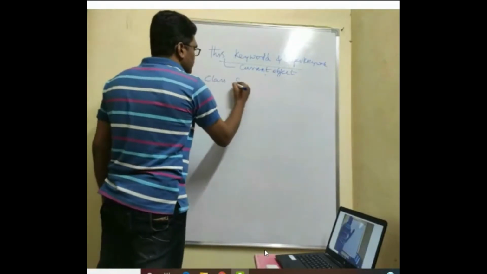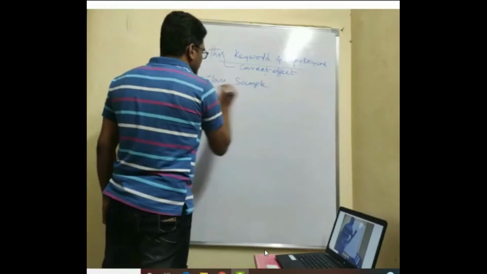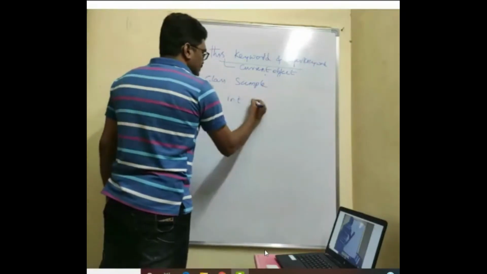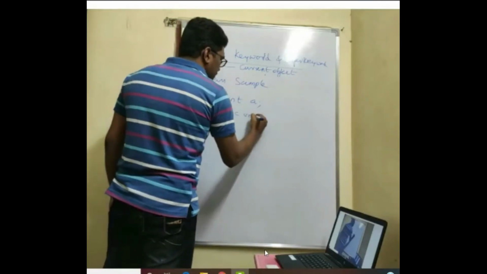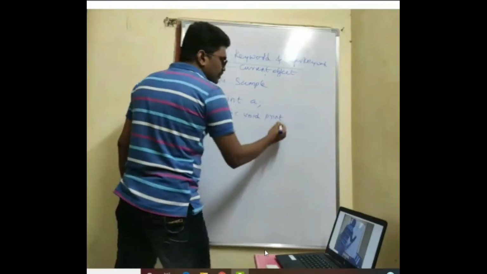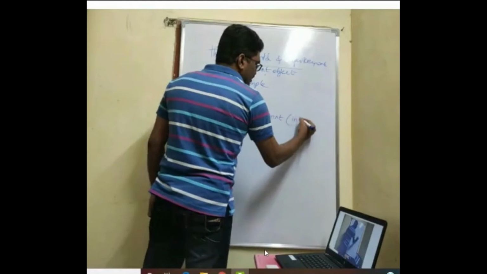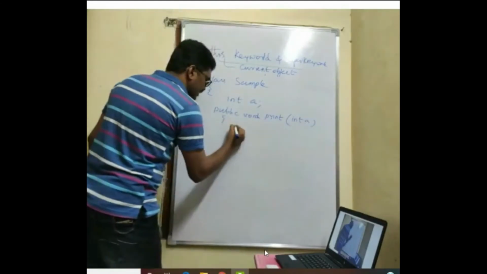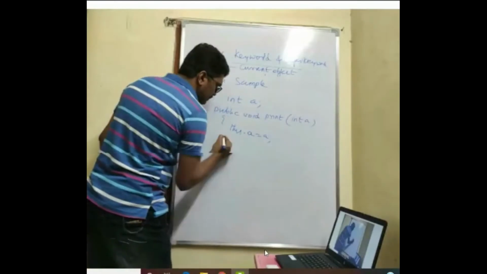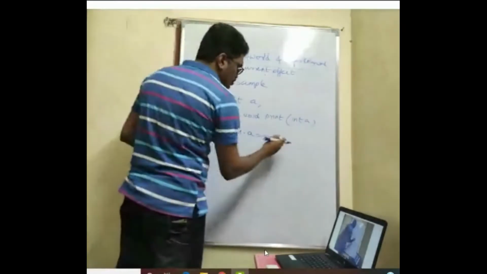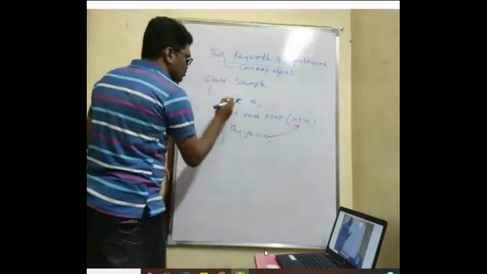You can make a note of the same example. That is int a, some method, public void print. If I say int a, now I'll say this dot a is equal to a. Now this a points to this one and this a points to this one.